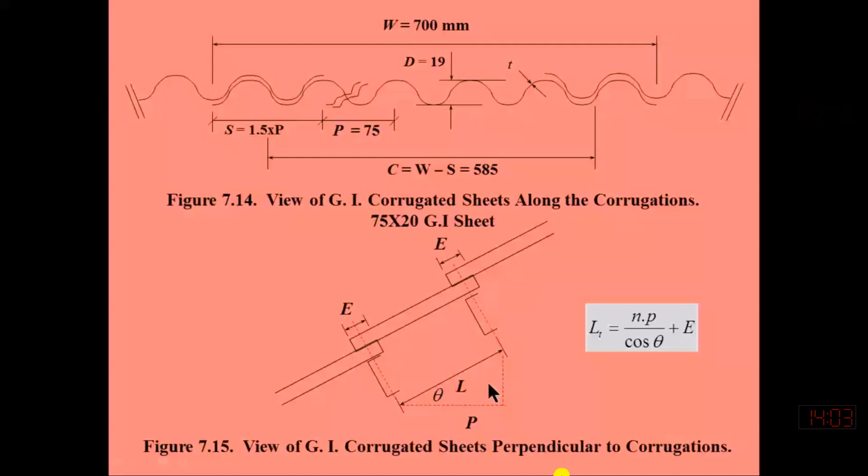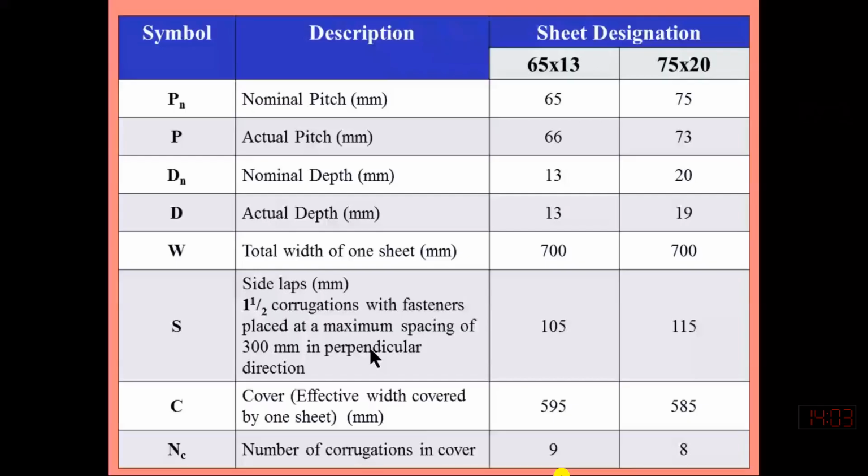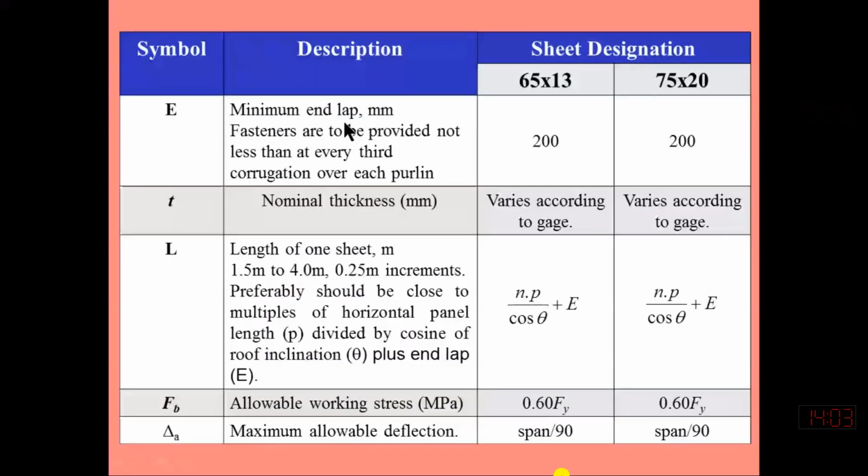The AISC specifies that the end lap or end cover should be a minimum of 200 millimeter for all types of sheet, which is approximately equal to 8 inch. Minimum end lap in millimeter: fasteners are to be provided not less than at every third corrugation per line.